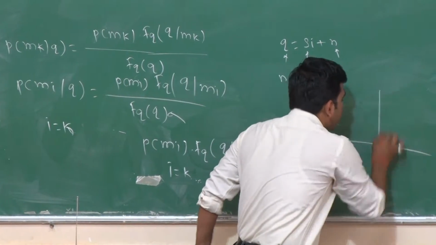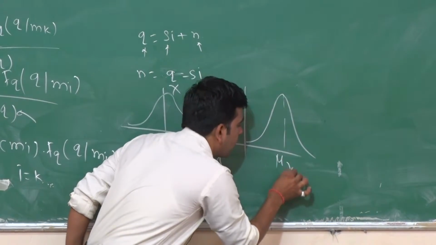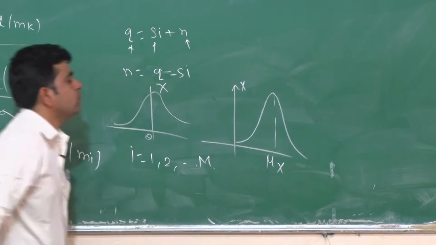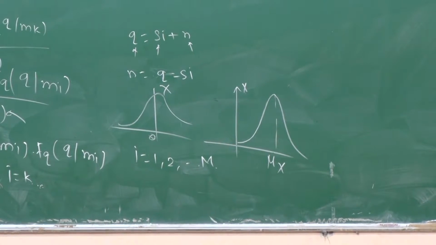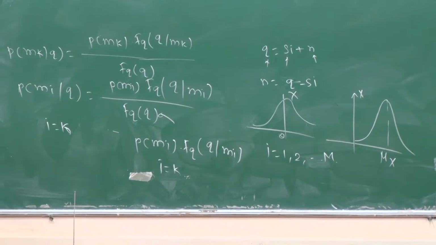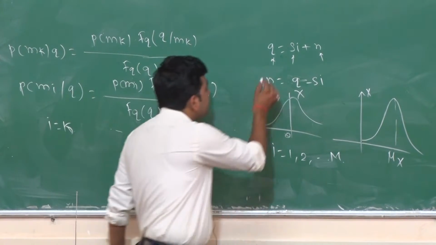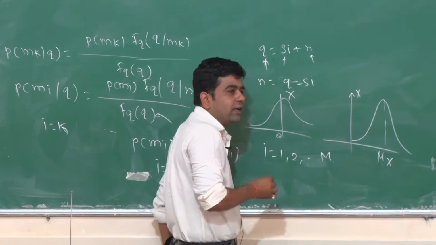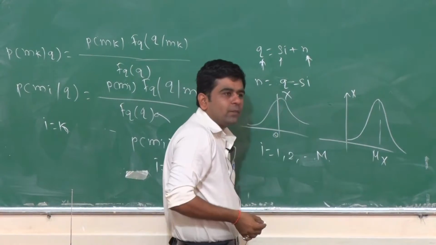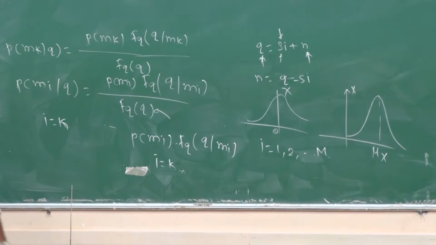When we introduce the mean, the density function gets shifted by some constant value, that is mu x. Here Q gives the distribution function equal to n, but shifted by the constant Si. So Si is nothing but the mean value or center value.